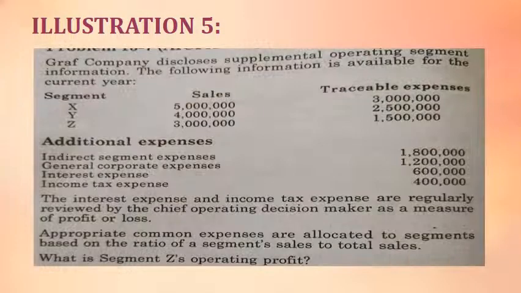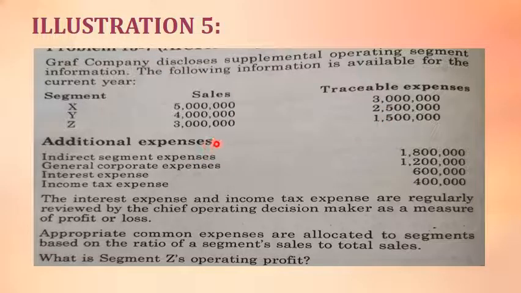Illustration is this, illustration number 5. Graph Company discloses supplemental operating segment information. The following information is available for the current year. So, we have segments X, Y, and Z. And given yung kanilang sales and traceable expenses, we have 5 million, 4 million, 3 million.